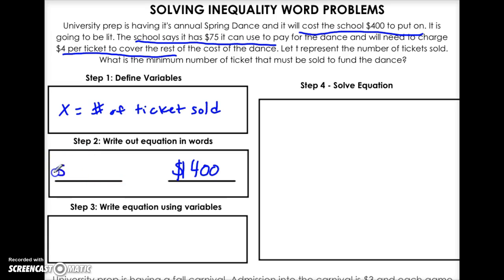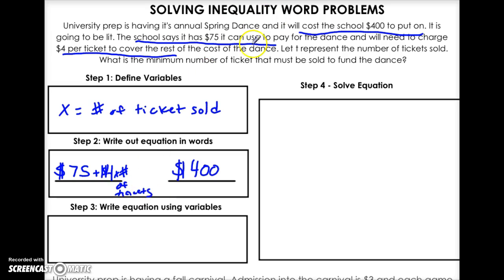So we have $75, that's for sure, plus whatever we earn from selling tickets. Now, how do we figure out how much we earn from selling tickets? It's going to be $4 for every ticket we sell. So it's going to be 4 times the number of tickets. Wow, this is ugly.